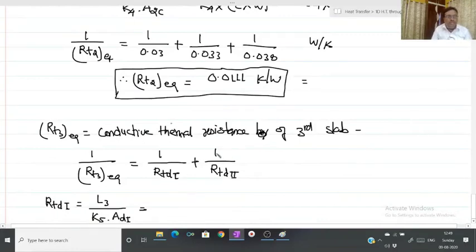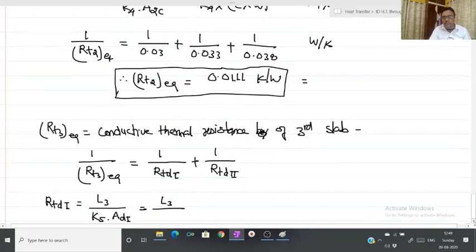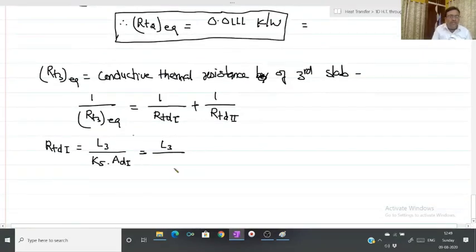So L3 over K5, area D1 normal to heat flow will be height D into width W. Thickness of the third slab is given as 0.25.